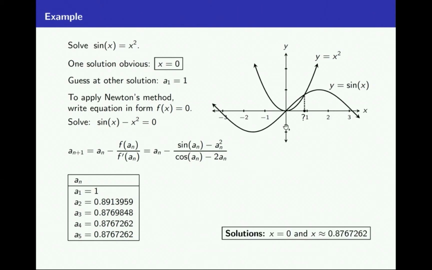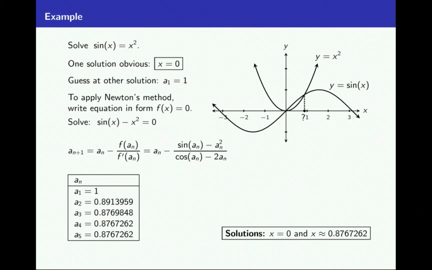So we actually picked up 2 solutions to this equation, sine x equals x squared. They are the obvious one, x equals 0, and also x is approximately equal to 0.876762, which is right there. If you want more accuracy, just take it to a sub 6, a sub 7, a sub 8, and so on.